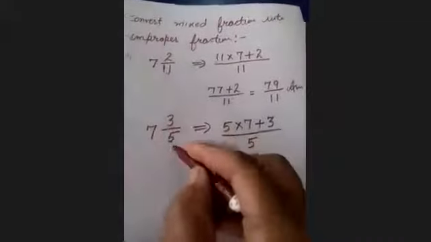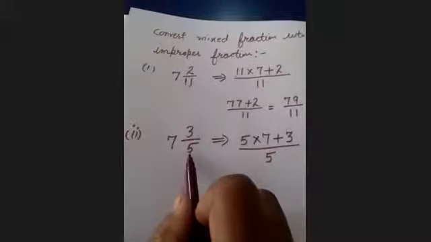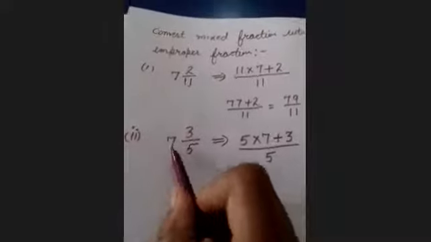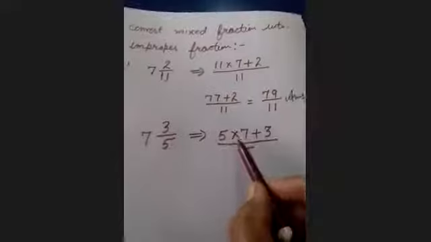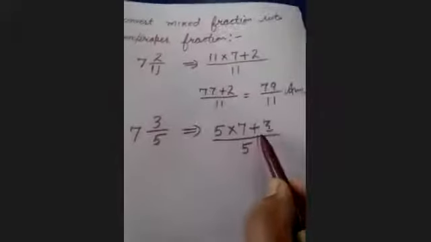7 3/5. First we will multiply the denominator with the whole number, then add the numerator. 5 multiplied by 7, then plus 3.